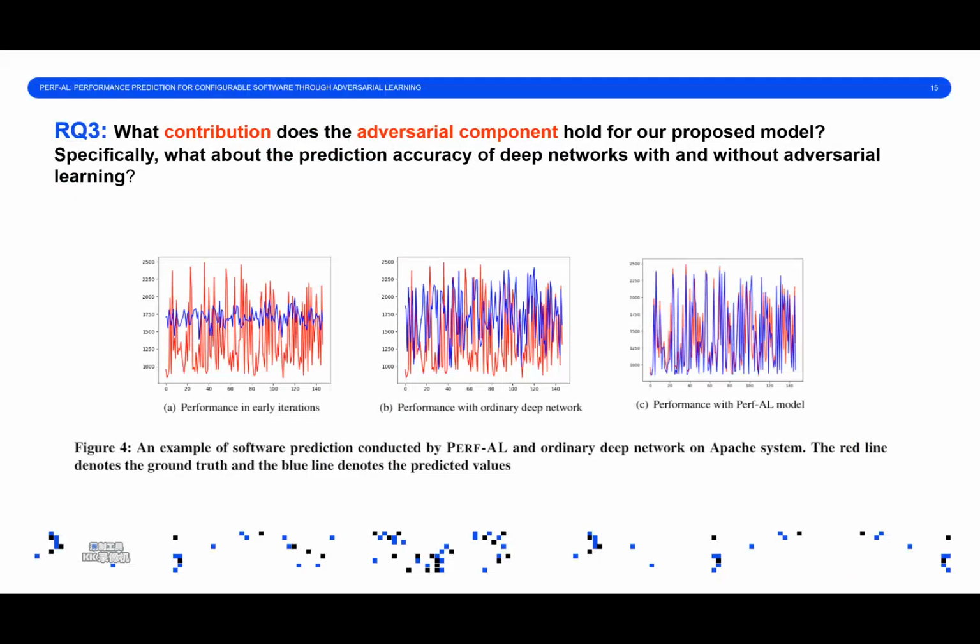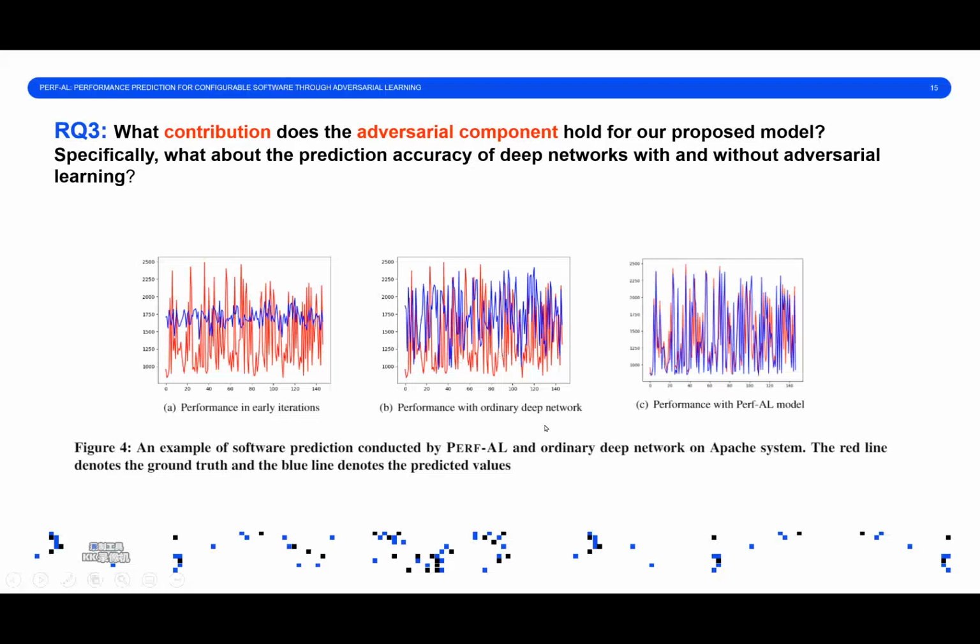And question 3, what is the contribution of adversarial learning? We can show three pictures. The left picture is earlier iterations. The red line is the ground truth, and the blue line is our prediction. In the left picture, we find the gap is very big between the ground truth and the prediction.